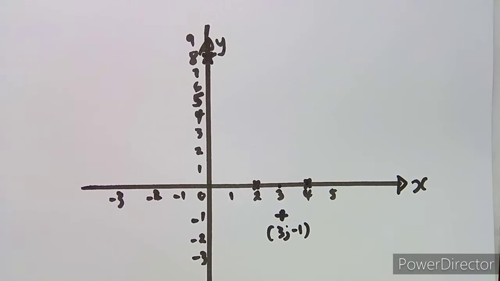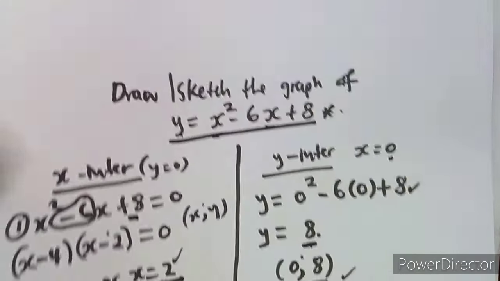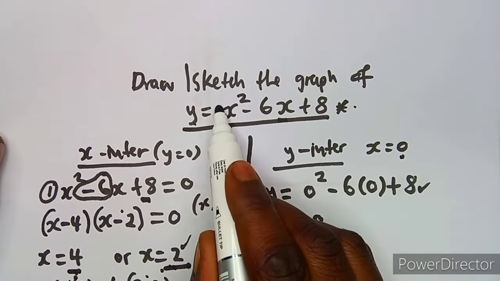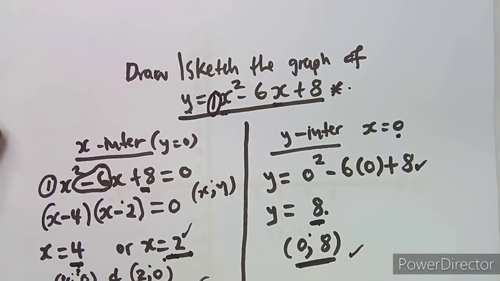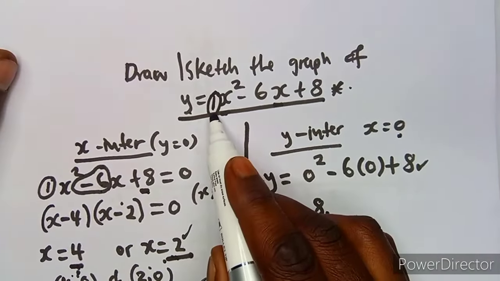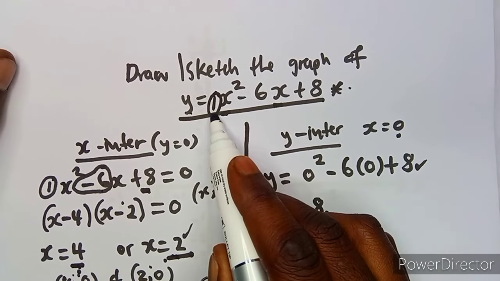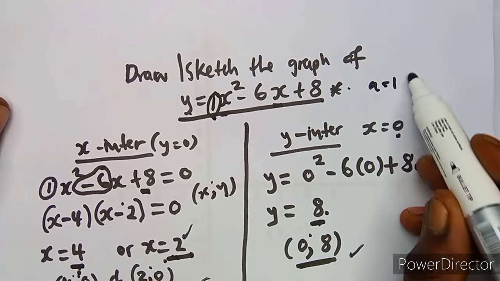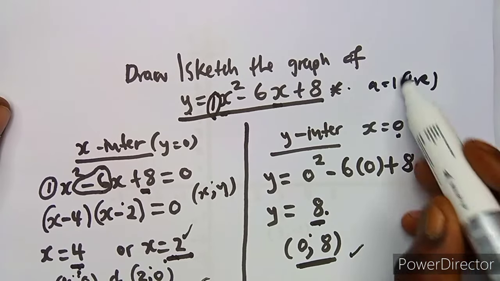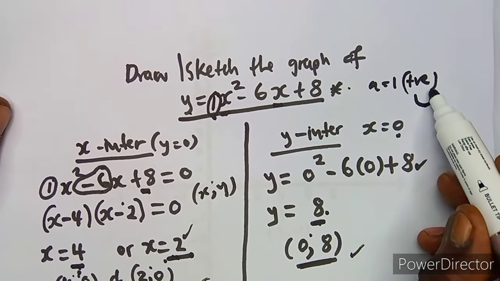Okay, what we are left with, guys, is the shape. Okay, remember we said the value of a determines the shape here. So what is the value of a? We are given this as 1x squared. So this a, it's a positive, and we said because 1 is a positive. If it was minus, then that's a negative, but this one is a positive. So if a is equal to 1, which is a positive like this, it means our graph is going to look like this.